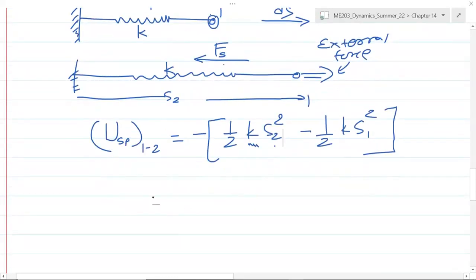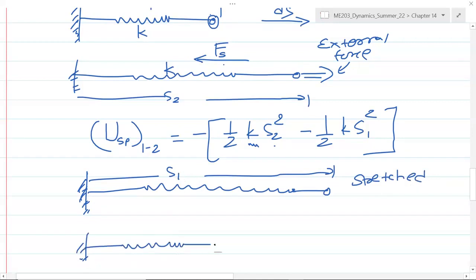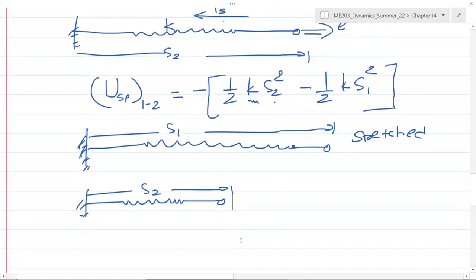During stretching, however, let's say that this is the initial condition of the spring. The spring is already stretched, and then if we release the spring and allow it to contract and go from S1 to S2, then when you apply this formula, U spring going from 1 to 2, you will apply the same formula, get the same distances and everything, but this work done will be positive.